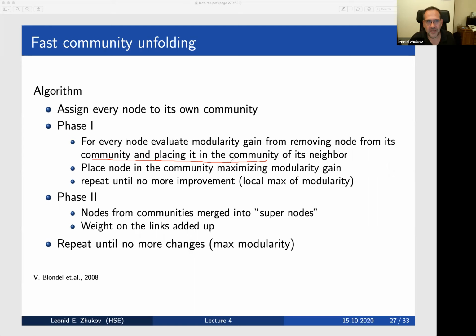Place a node in the community maximizing modularity gain. So every time we're maximizing modularity. So eventually, after we're done with this process, modularity will increase for the graph, which means the partitioning that we're offering will be better than what we started with.